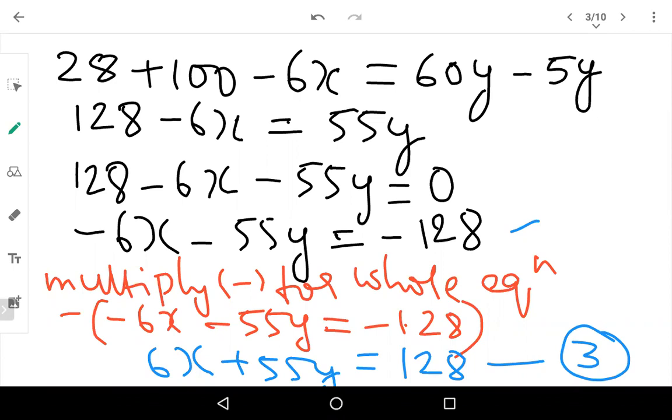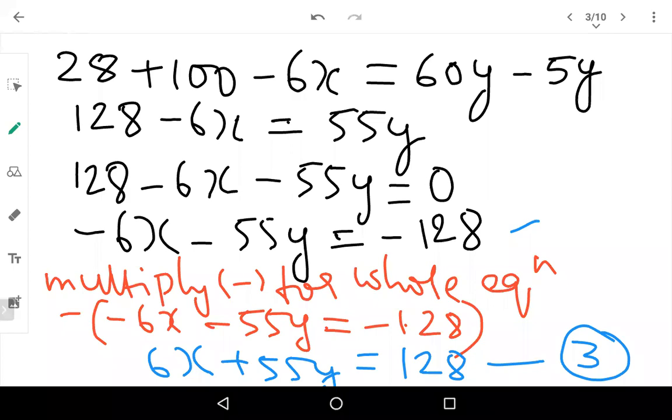Now, since everywhere there is minus, we multiplied the whole equation again with another minus. Now, why did we do this? To get plus in the equations, we multiplied the whole equation by minus. So, minus into minus 6x minus 55y is equal to minus 128 will give you the proper equation number 3.